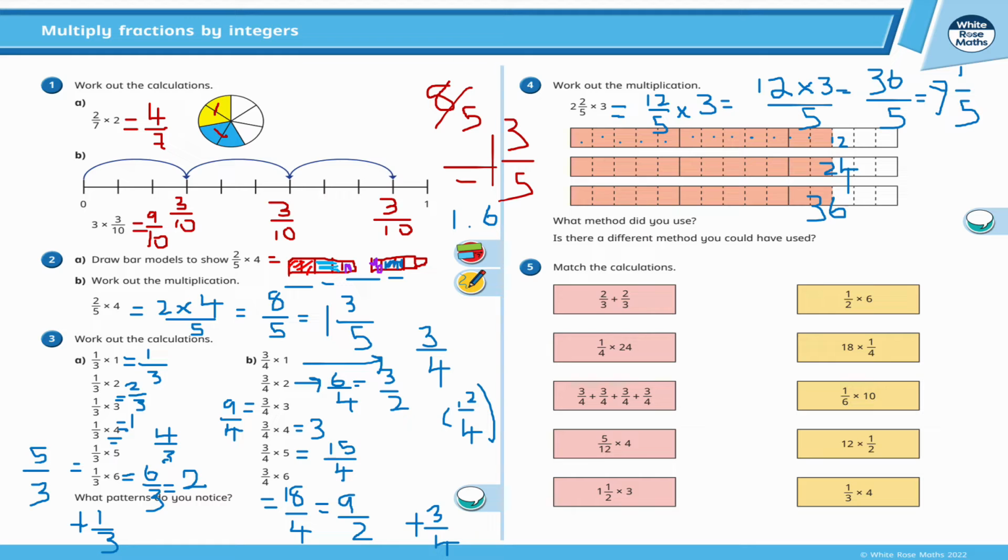So match the calculations. Question number 5: 2/3 plus 2/3, that's going to be 4/3. A quarter times 24, I get 24 quarters, which is 6. This one here, you're going to have 12 over 4, which goes to 3.